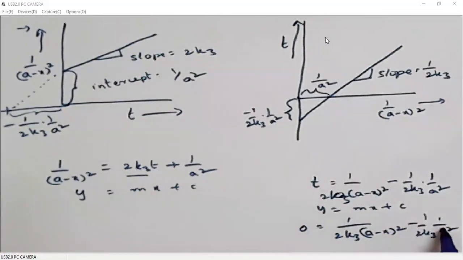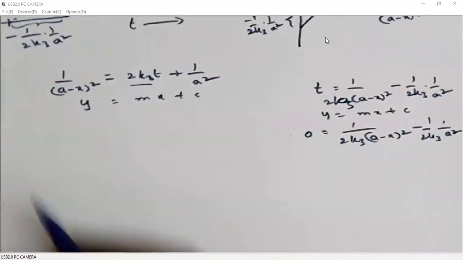Since it is a minus, when it is made this side, it becomes positive. So this is the graphical representation for a third order reaction when all three concentration terms refer to the same species. Now we will see the units of rate constant for a third order reaction.